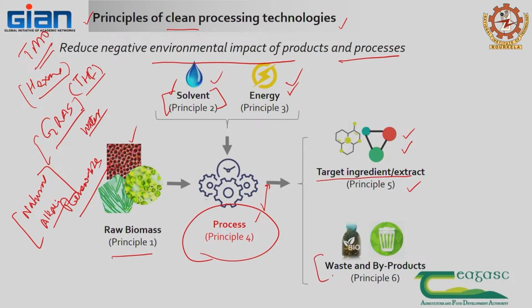And the last one is related to waste and byproduct. First and foremost, it should not develop any waste. If it does develop or form waste, that waste should be environment friendly or can be used for composting or for fertilizer purposes, yeah. So, this is what the principles for clean and green processing technologies are, yeah.